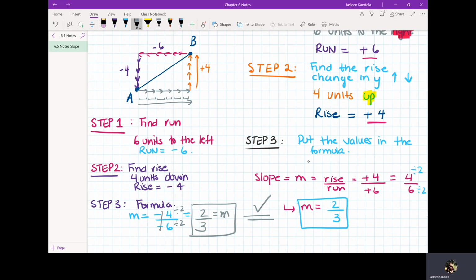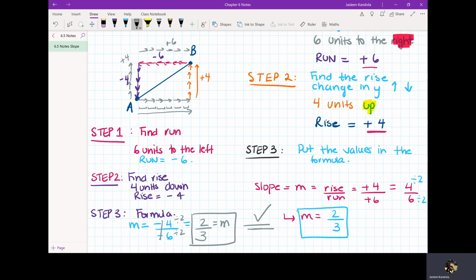If you go this way, you'll see that rise is 2, 3, 4, and then run is 1, 3. So again, 4/6, which is 2/3. It doesn't matter which way you go, but it matters if you're going left or right, because your signs will change depending on that.